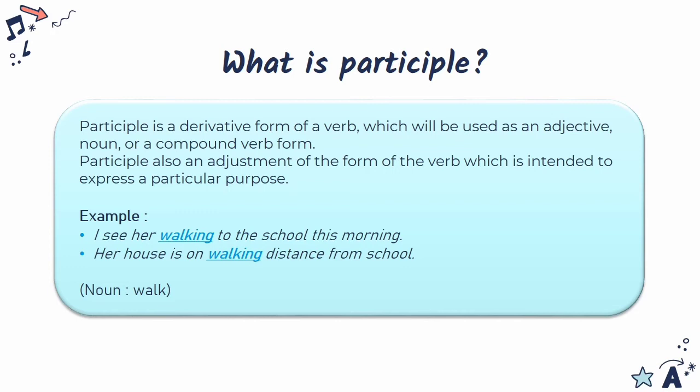A participle is also an adjustment of the form of the verb which is intended to express a particular purpose. Example: I see her walking to the school this morning. Her house is within walking distance from school. The noun is walk.